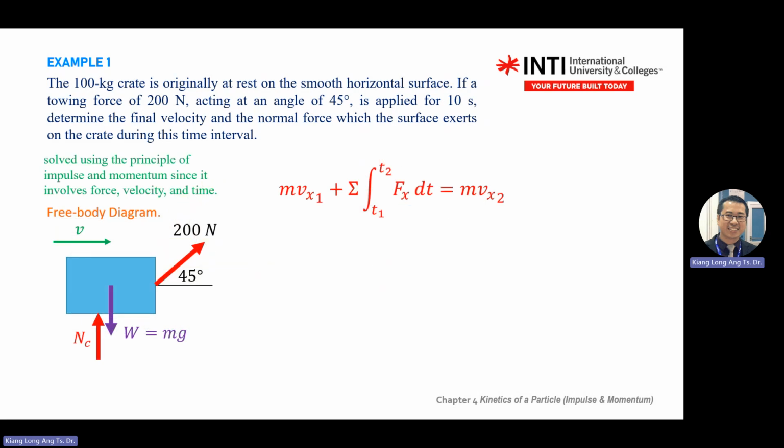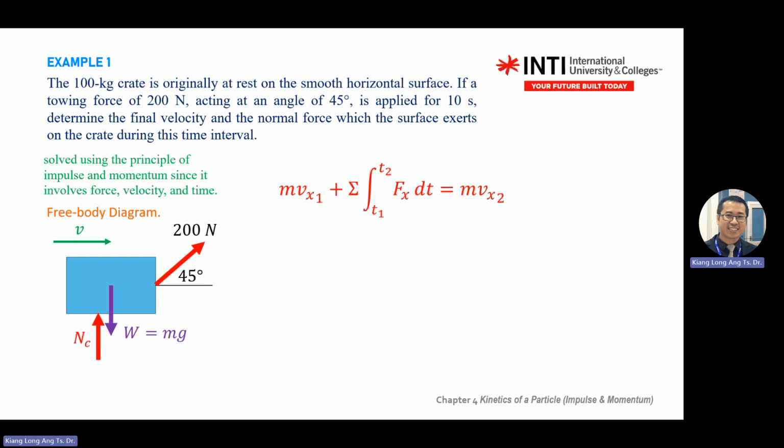Once you have the free body diagram, you write the equation of the principle of linear impulse and momentum: mv1 plus the sum of the integral of F dt equals mv2. Then you split into x and y direction. You copy the equation again in x direction, and again in y direction. The rest is substitution. You have the mass 100 kilogram, velocity you don't know.